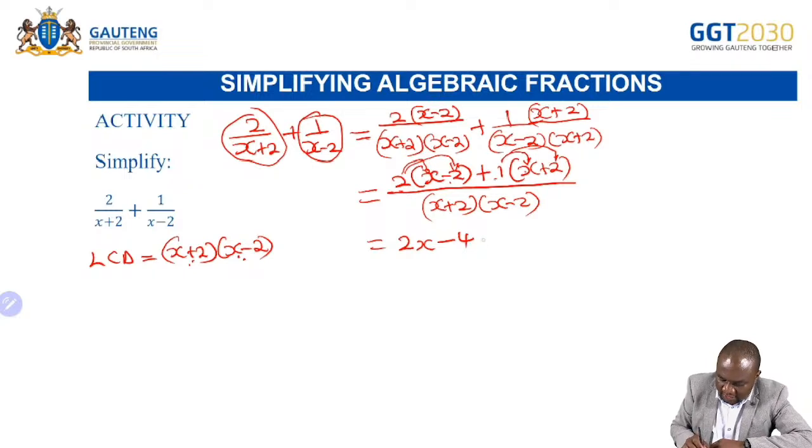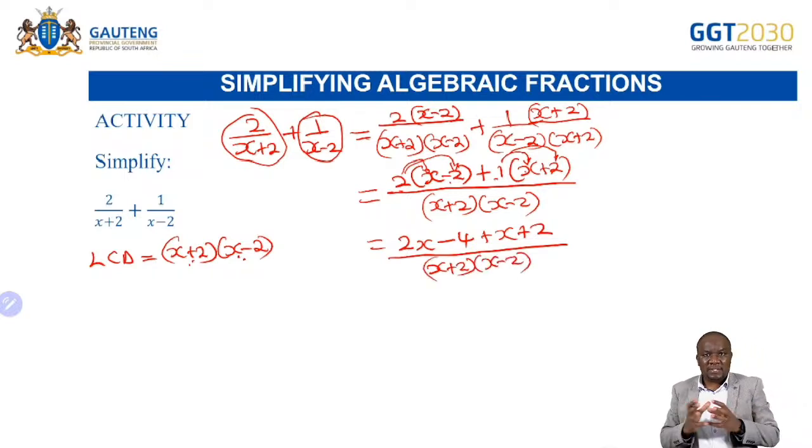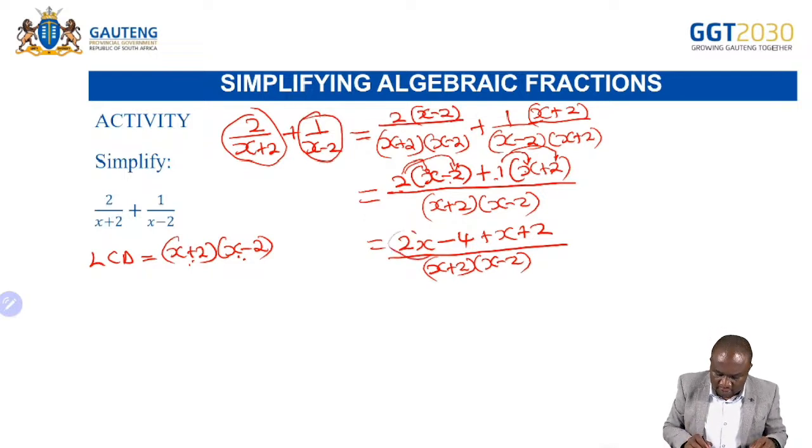And then 1 times x is positive x. Positive 1 times positive 2 is positive 2. Over our LCD, which is x plus 2, x minus 2. Okay? Now we can simplify our numerator, the like terms. 2x plus x, that is 3x, isn't it?